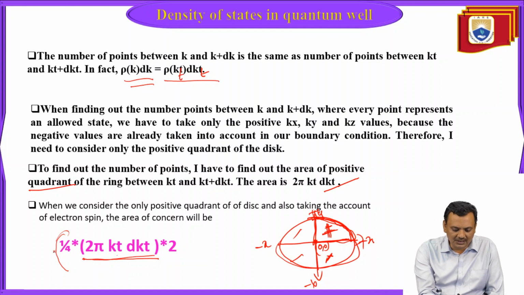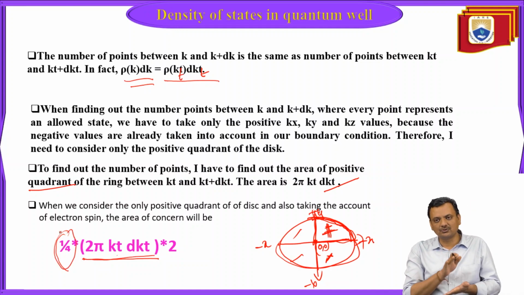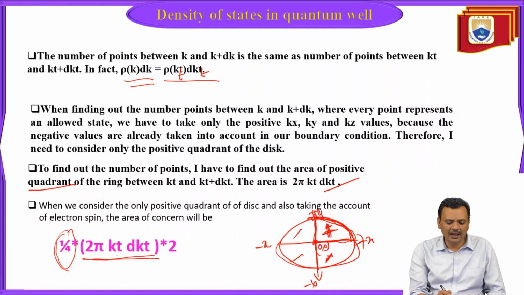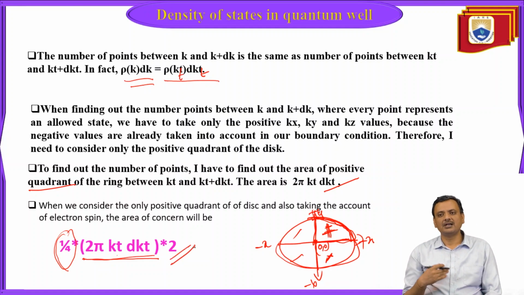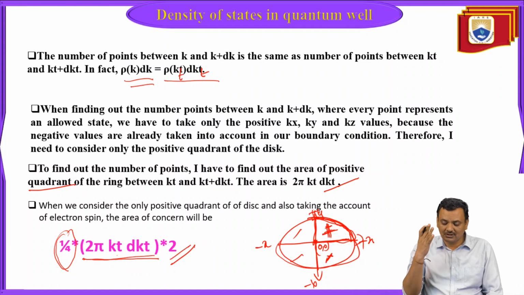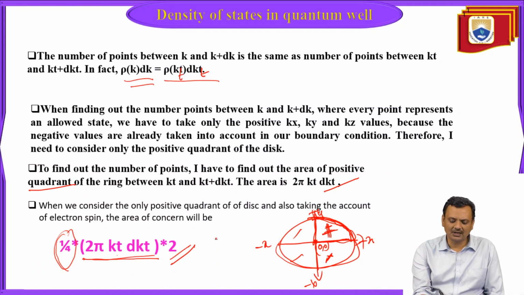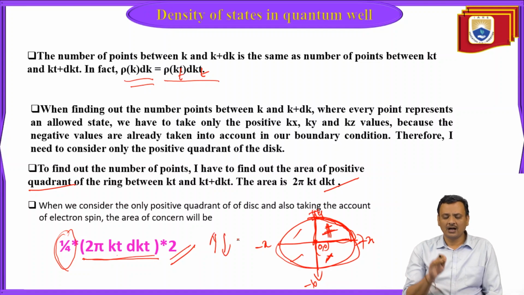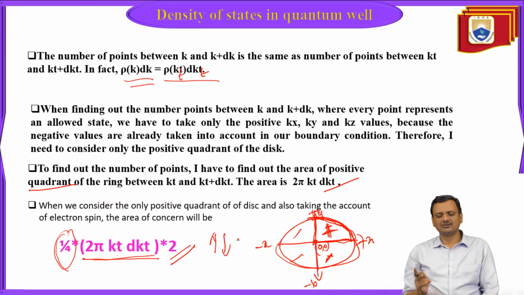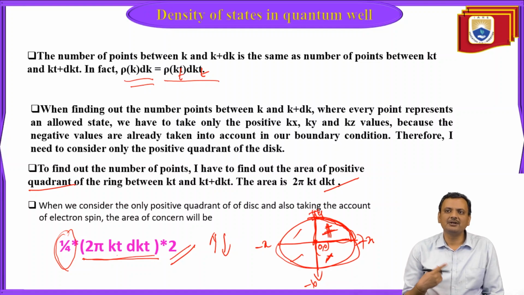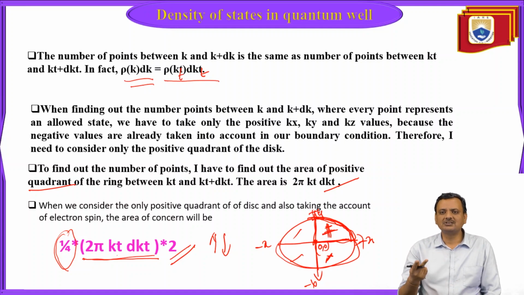So 1/4 means we are choosing only the positive quadrant, multiplied by 2. Multiplied by 2 represents that we are also taking into account the electron spin, because an electron has two types of spin, up spin and down spin. So that's why we multiply by 2. For a particular single electron, there are two possible states, one for up spin and one for down spin.